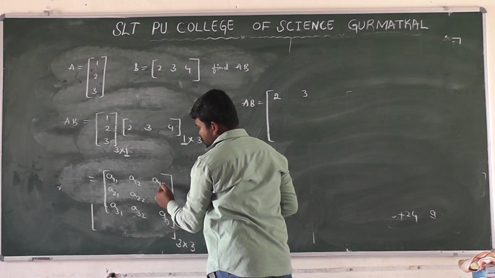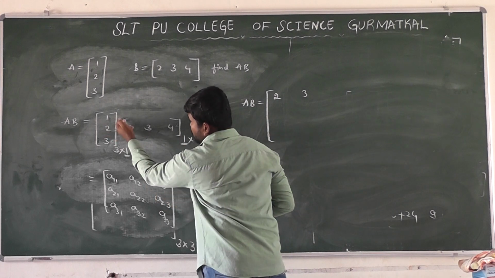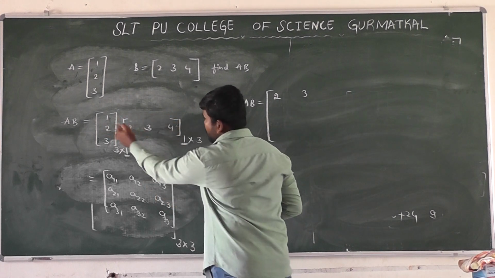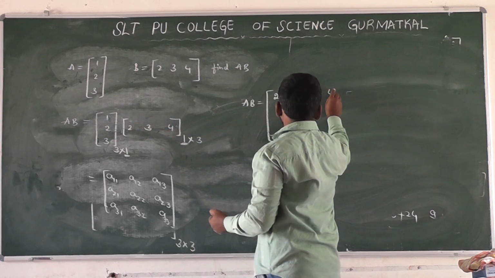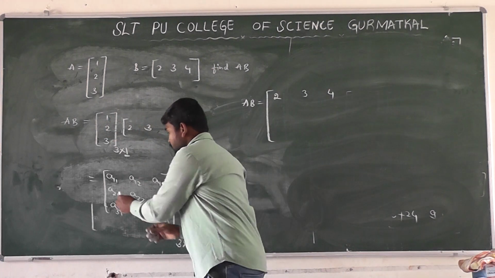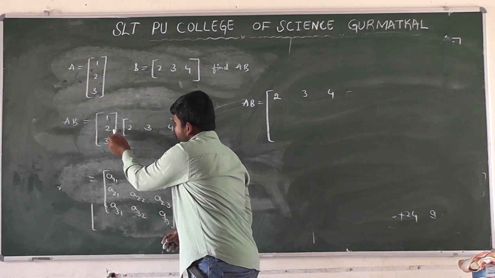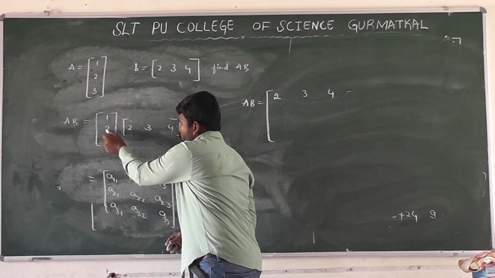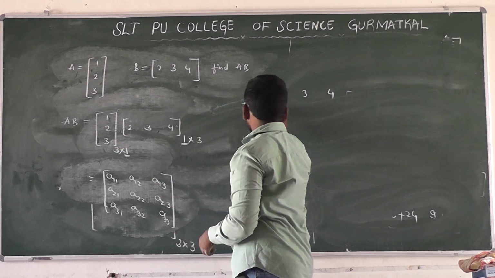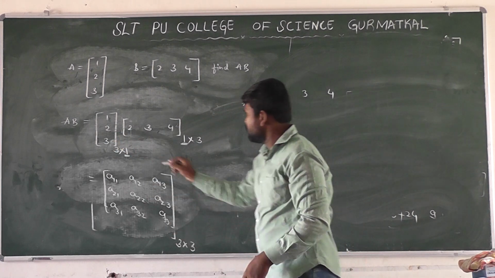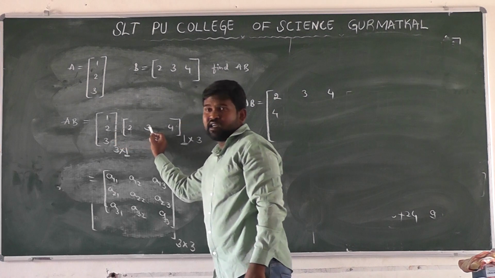Next, first row, third column, 1 into 4, it's over. Next, second row, first column. The second row element is 2 here, and the first column is 2. 2 2s are 4. Right? Next, 2 3s are 6.